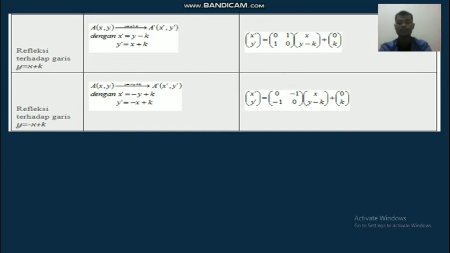And the last formula is reflection on the line y = -x + k, and the formula is A(x, y) reflected on y = -x + k to be A'(x', y'), and the matrix is [x', y'] equals [0, -1; -1, 0] multiplied by [x, y] minus k plus 0, k.